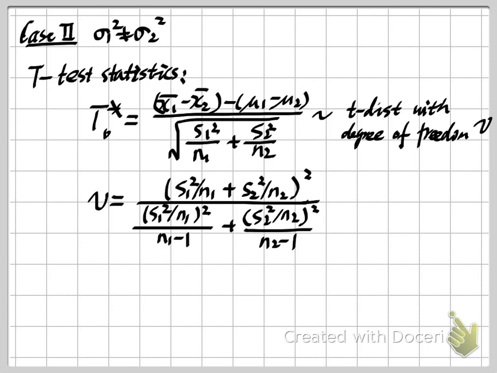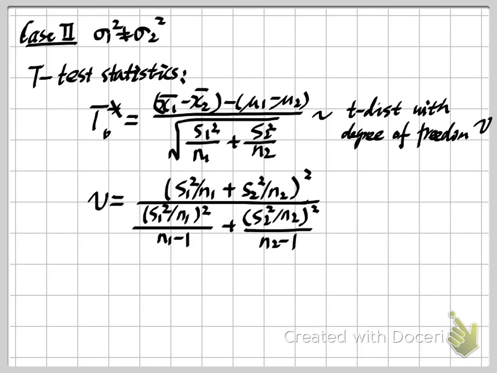The first part is the square of S1 square over N1, divided by N1 minus 1, which is the degree of freedom for our first sample. The second part is the square of S2 square over N2, divided by the degree of freedom of our second sample.